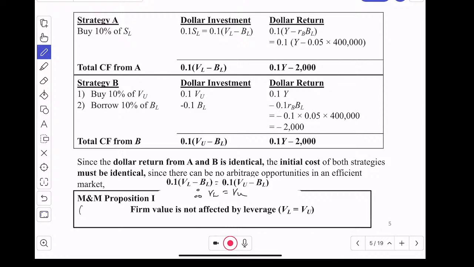So with no taxes and all those other assumptions, I have found a baseline situation where they will be identical. It doesn't matter if there's equity and debt issued or just an all equity firm. In this setting, firm value will be identical.